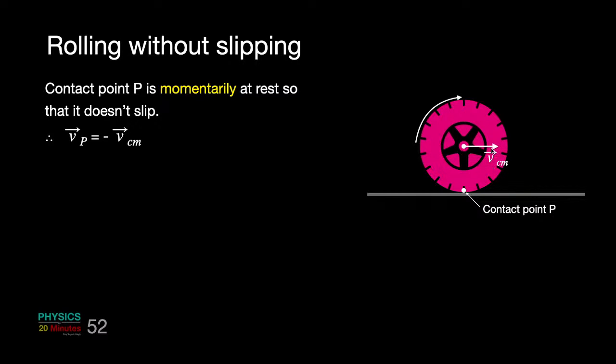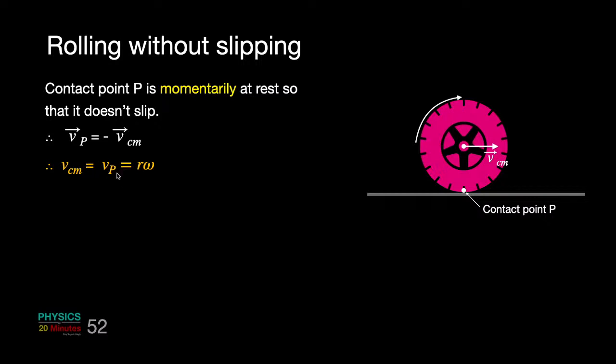All the particles of this body will have the same forward direction motion, but because of rotation this particle will have some velocity in the backward direction. This backward velocity of particle P has to be equal to the forward velocity of the center of mass. So the velocity vector for particle P has to be the negative of the velocity vector of the center of mass.